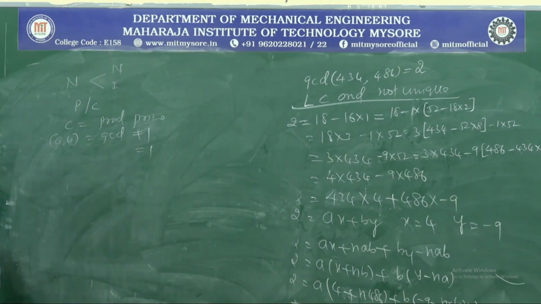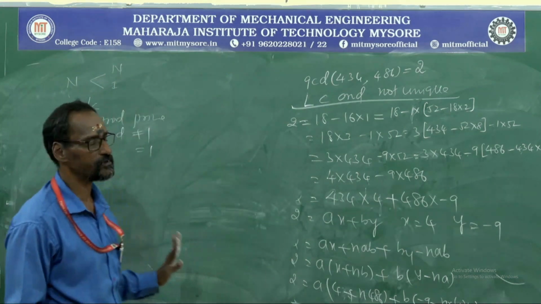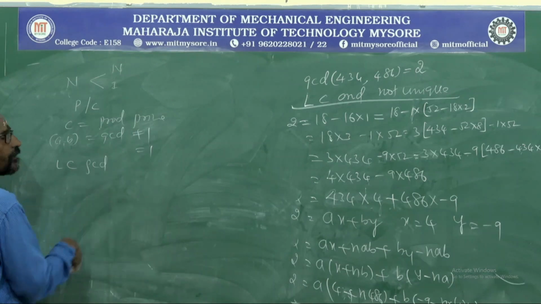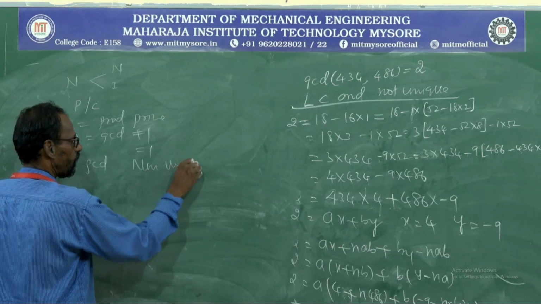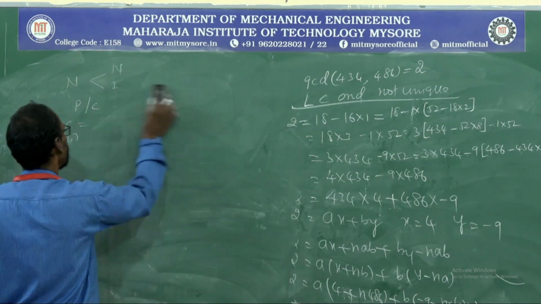If it equals 1, they are relatively prime. That's all. Don't worry much about relatively prime: you evaluate the GCD. Then the linear combination of GCD and non-uniqueness. This is what exactly we studied until now. We are going to the next level called congruence modulo class. This is very important.